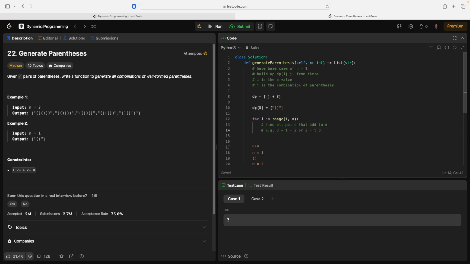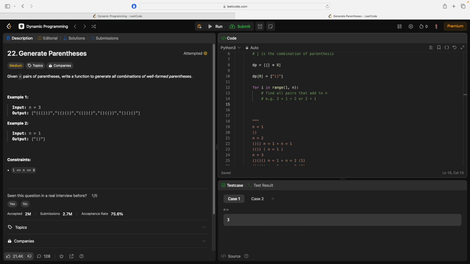We're not worrying about 0 plus 3, because 0 doesn't give us anything, and we're trying to find what 3 is by adding up the subproblems.